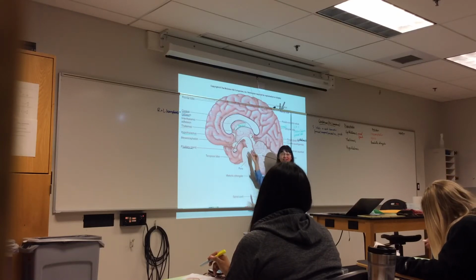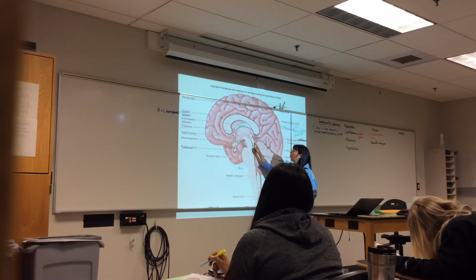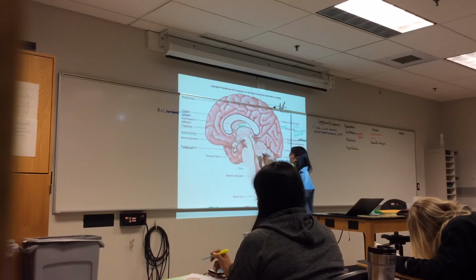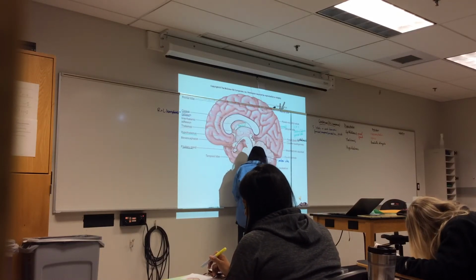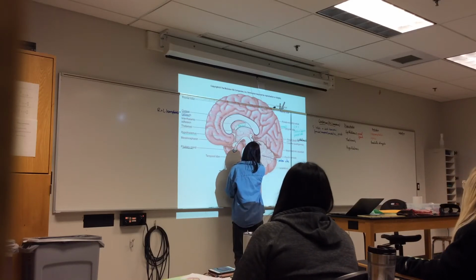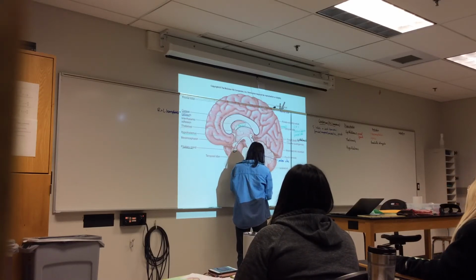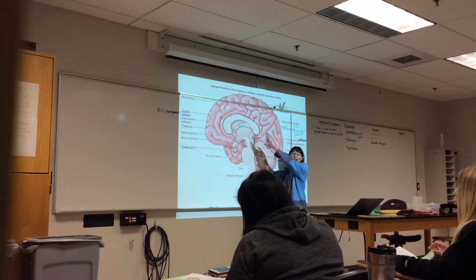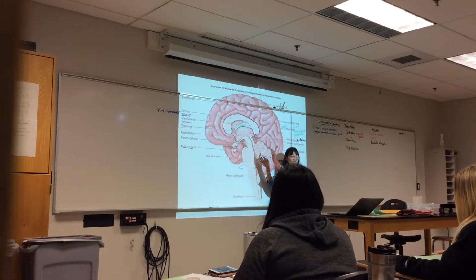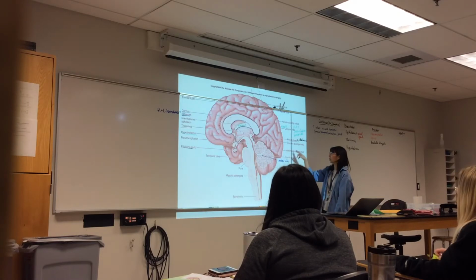So this whole thing and this are the corpora quadrigemina. So 2 plus 2 is 4. Does that make sense?